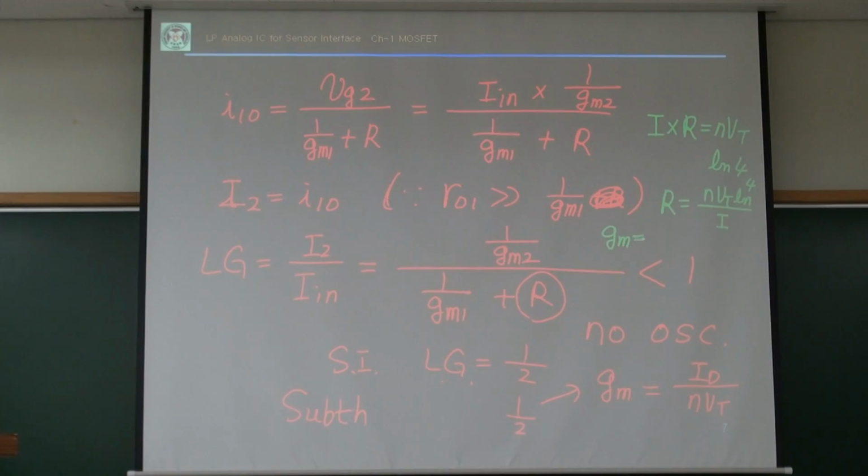GM equals I over nVT. Oh yeah, there should be log 4 there. So the loop gain is not 1/2. This loop gain is 1 over log 4 plus 1 or something like that. It should be slightly smaller than 1/2. Question.